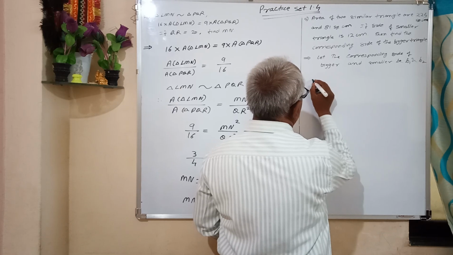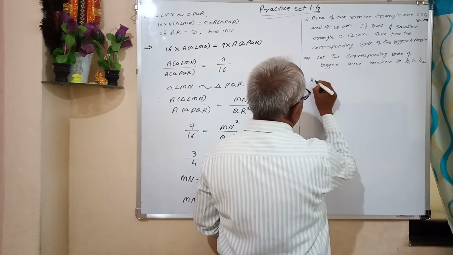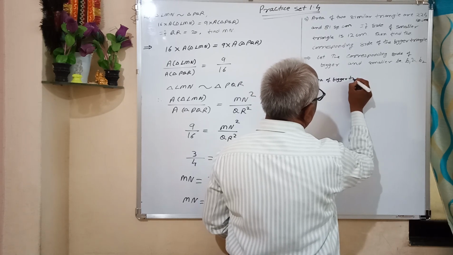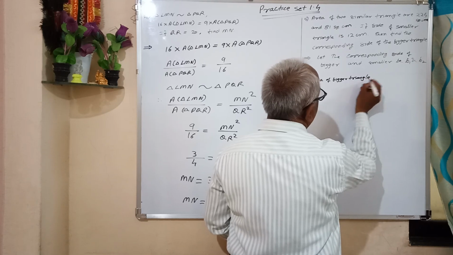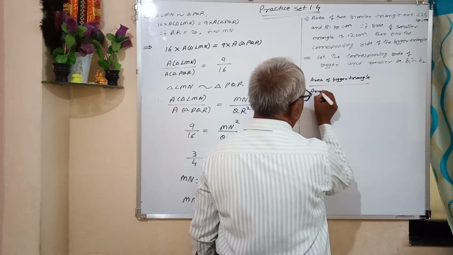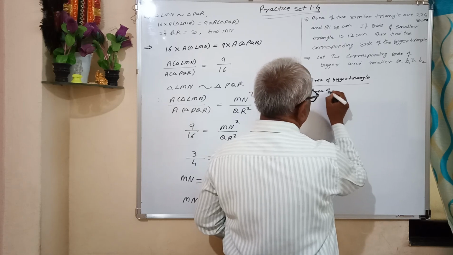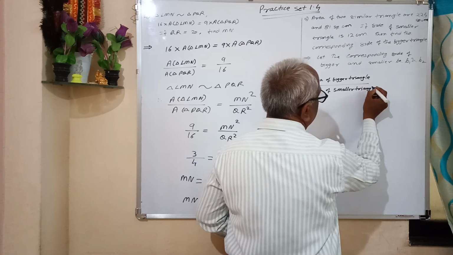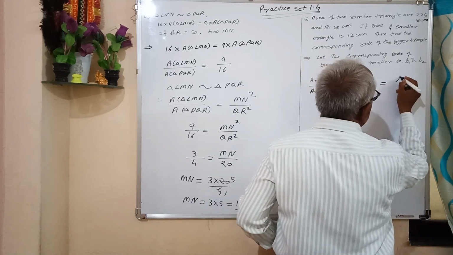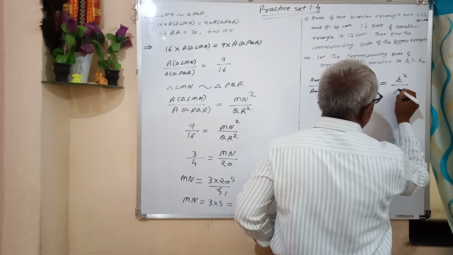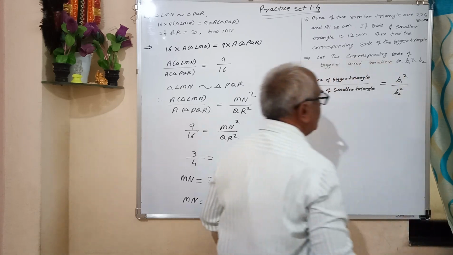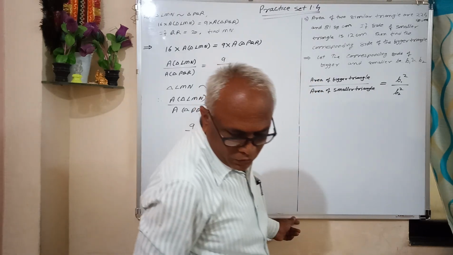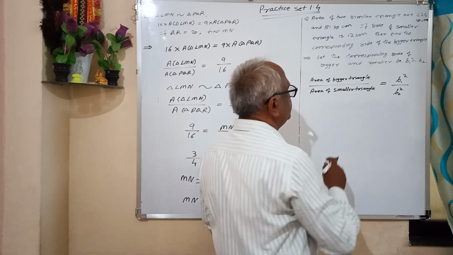Therefore, area of bigger triangle upon area of smaller triangle is equal to B1 square upon B2 square, by the theorem of ratio of area of similar triangles.